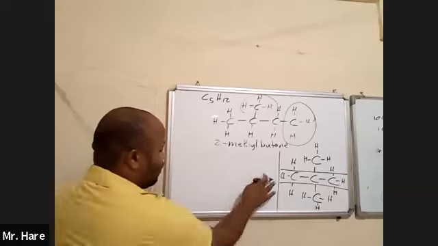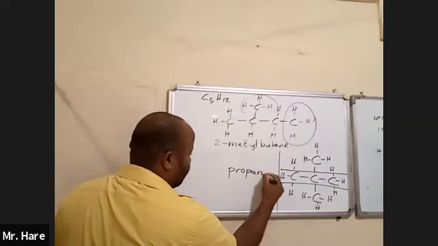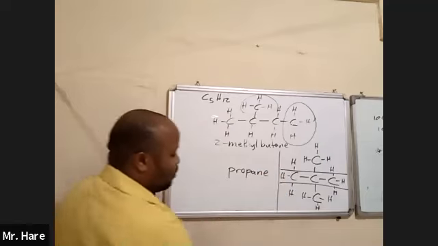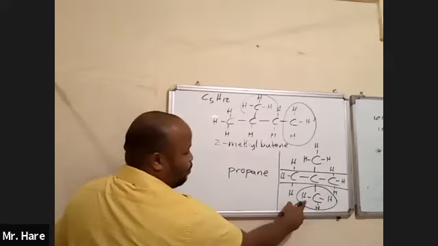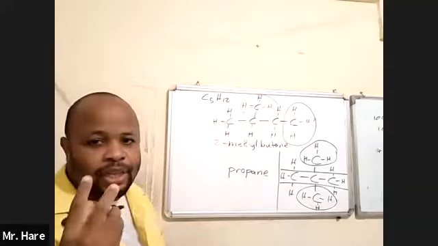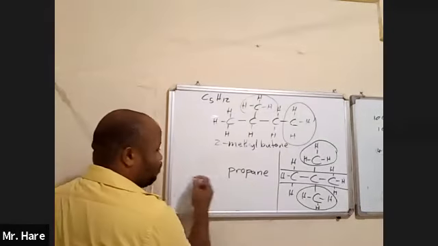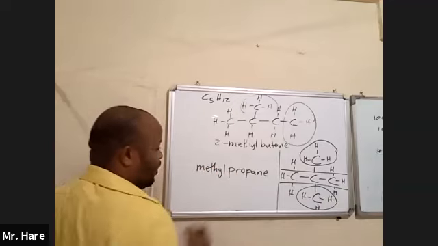So we have 3 carbons, that makes it propane. Then we have branches. We have a methyl group here, and we have 1 on top. So we have 2 methyl groups.